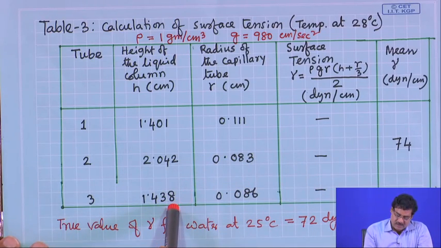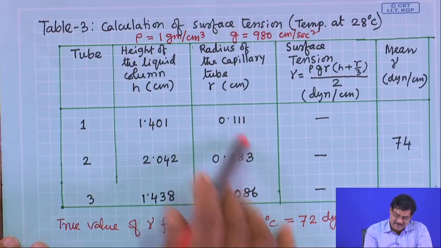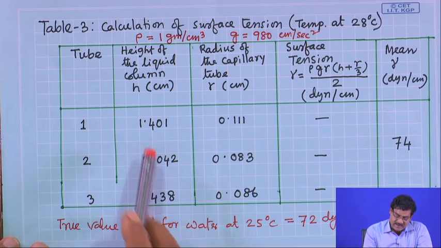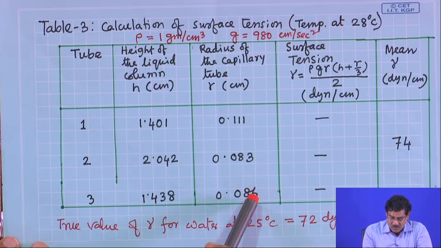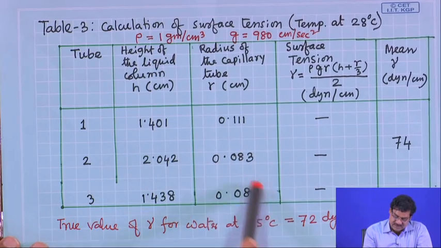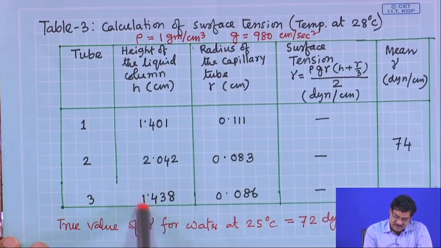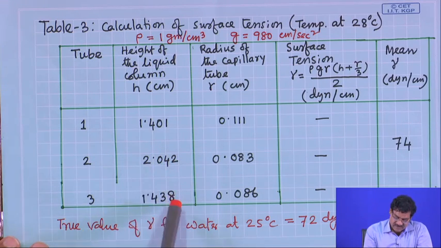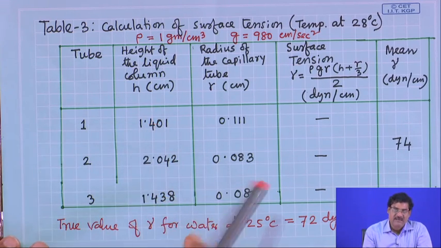So, from analyzing this data, I can tell you there is something wrong in the measurement, either in the height measurement or in the radius measurement. This reading should be close to this one, but that is not the case; it is becoming close to this one. So, there is something wrong.